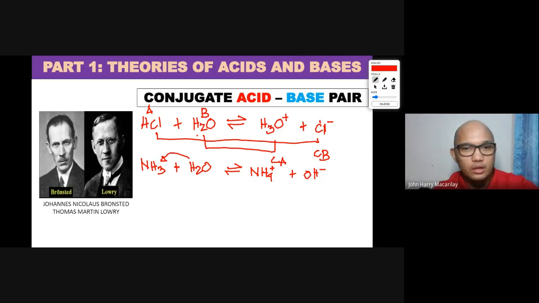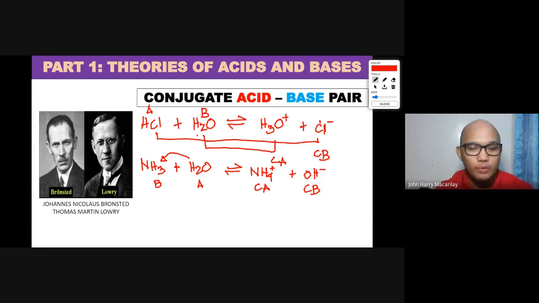So this water is considered as the acid, and this is considered as the base. So water will donate its proton to ammonia. After donating, it will produce the conjugate base. And ammonia as a base will accept the proton to produce the conjugate acid. Alright, so let's remember here, if the acid is strong, the conjugate base will be weak.